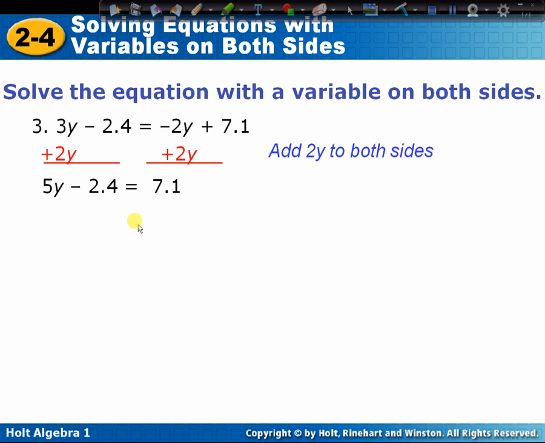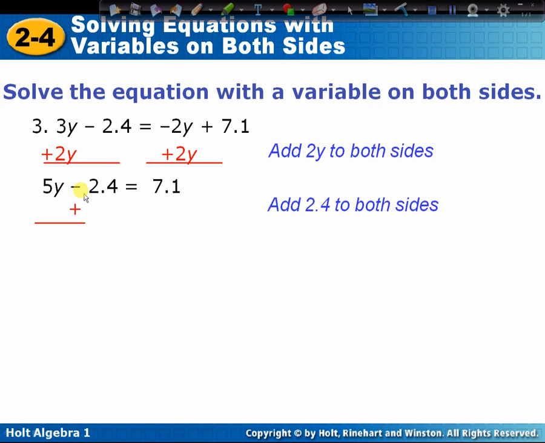Then my next step is to add or subtract. So like Ms. Fielding was saying, our ultimate goal is to get the y by itself. So we need to look and say what's being added or subtracted from the y. And the 2.4 is being subtracted from the y. It's minus 2.4. So we're going to do the opposite of subtracting, and we're going to add.